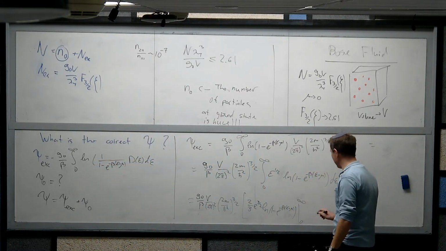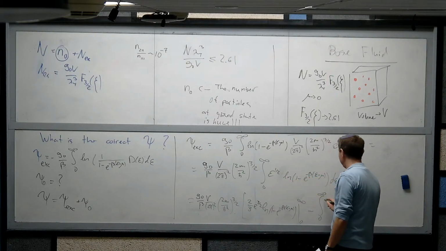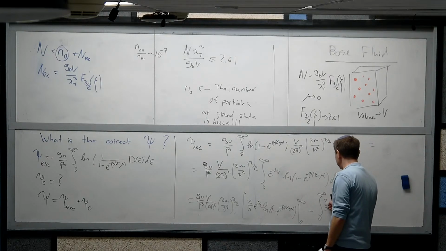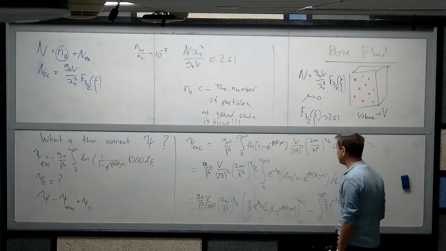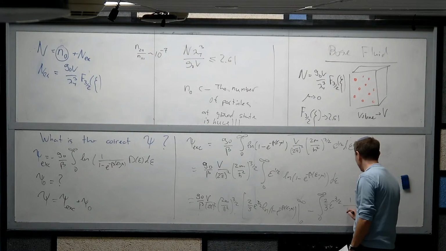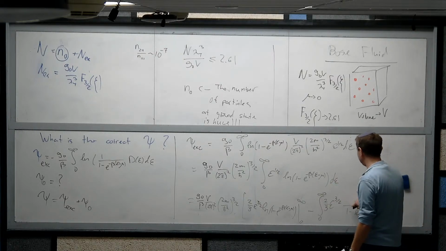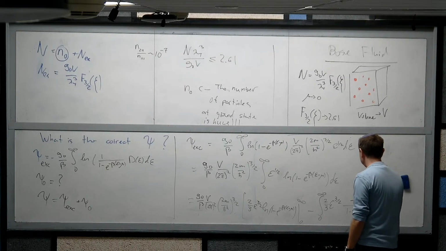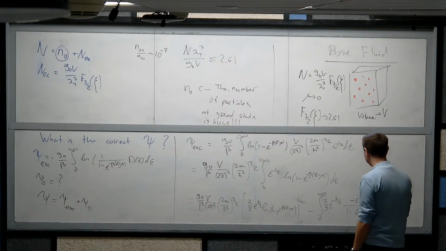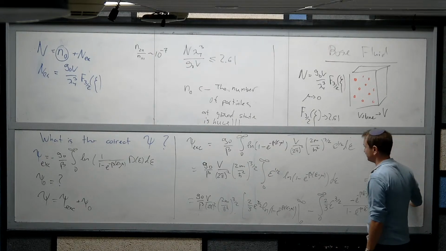And from the other part I have minus an integral from 0 to infinity of 2/3 epsilon to the 3/2. And here I have a derivative of the logarithm. The derivative of the logarithm is 1 over 1 minus e to the power minus beta (epsilon minus mu). And in the denominator, I have minus e to the power minus beta (epsilon minus mu). And the derivative is minus beta. And in total, I have the d epsilon.